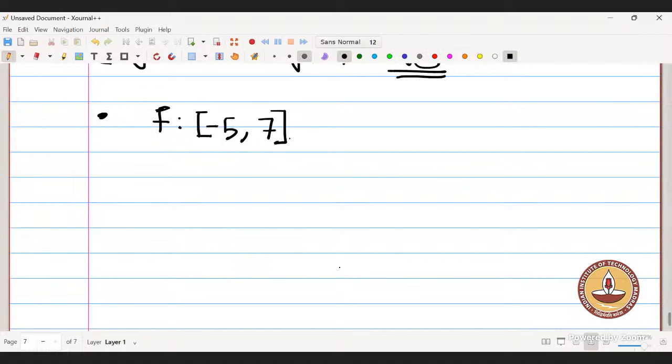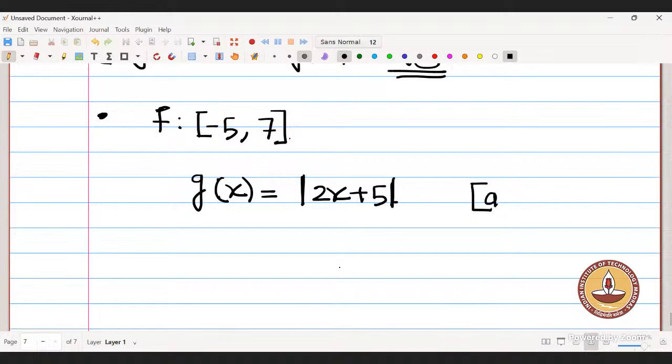If g of x is equal to mod of 2x plus 5, and the closed interval a, b denotes the largest interval which can be a domain for the composite function f of g of x, then find the value of a plus b.